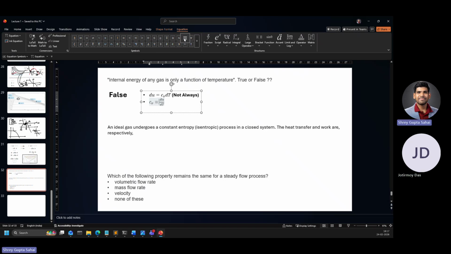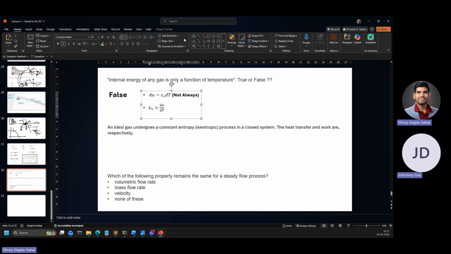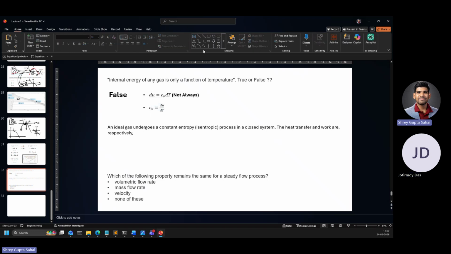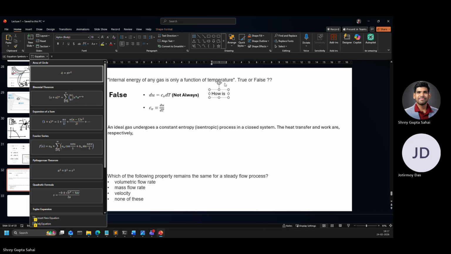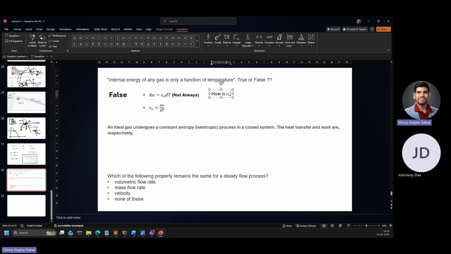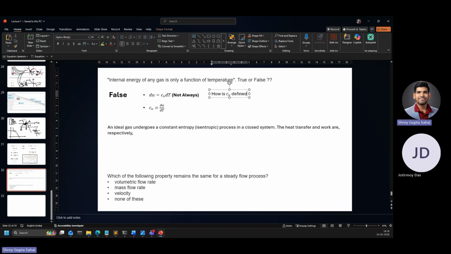This should be a little straightforward, but primarily what I'm trying to ask is, how is CV defined? Can you give me the definition of CV?